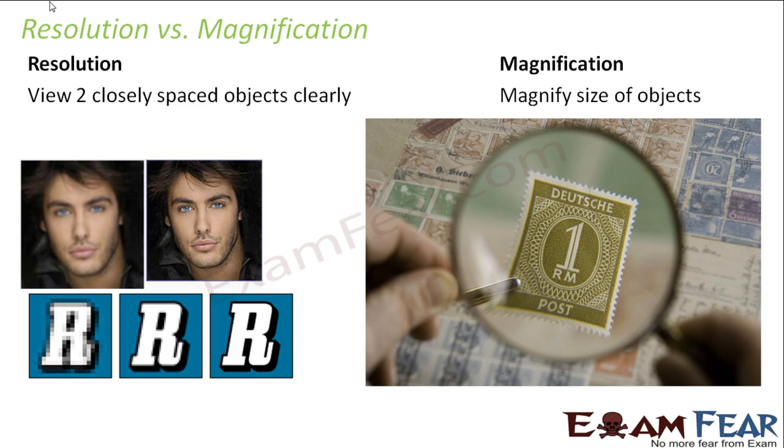It is a little hazy and unclear, but in the second one the clarity is more. Similarly, if you look at this alphabet R, here somebody can say that this is not R, this is A, right? Somebody might say this is neither R nor A because it is not clearly visible, but in this it is very clearly visible and you can distinctly see that okay, these are two different objects, right? So this is how we differentiate between resolution and magnification.